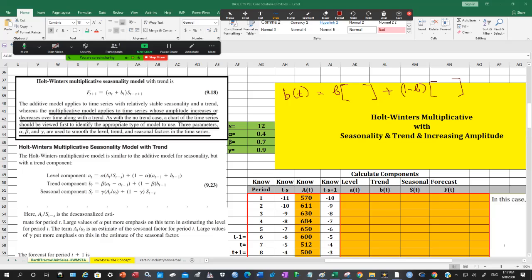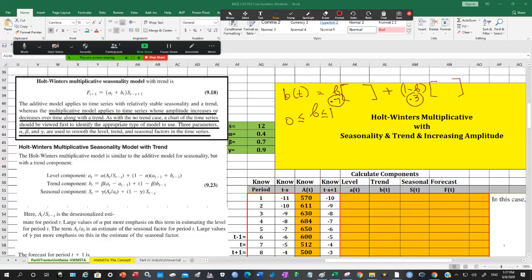And beta, again, has to be between 0 and 1. So if beta is 0.7, 1 minus beta will be 0.3.